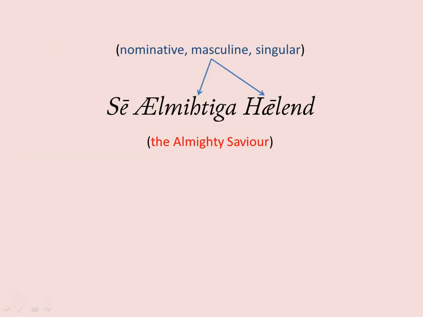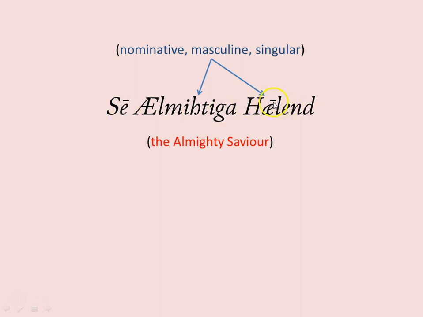And one final example of that, let's have a look at this. We have got Hælend, the Saviour, ælmihtige, Almighty, the Almighty Saviour. And they're in the nominative, which se is also in. I could put an extra blue arrow in there, I should have. Masculine and singular. So se qualifies for all that.